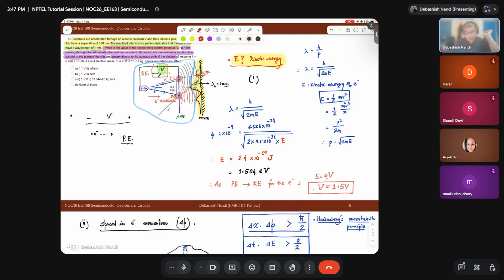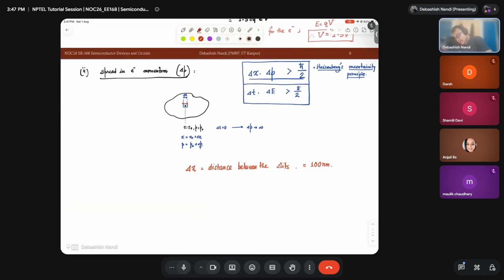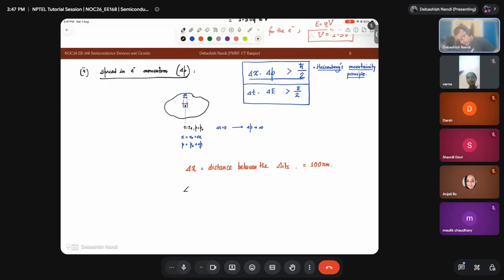Yeah, I see. So if that is clear, then it becomes a simple task to find out delta P, because delta P will be greater than h bar by 2 delta x, right?